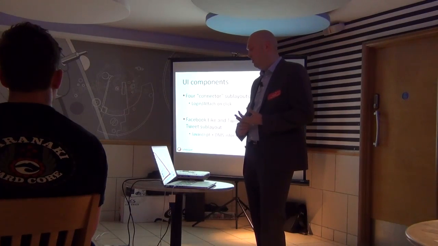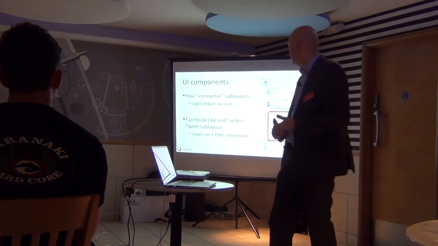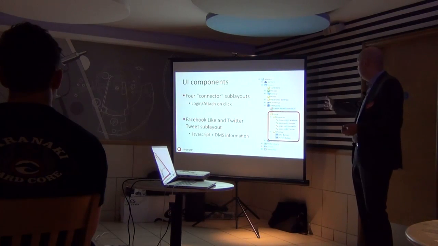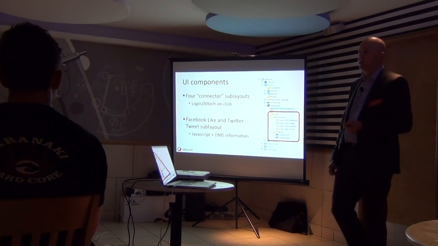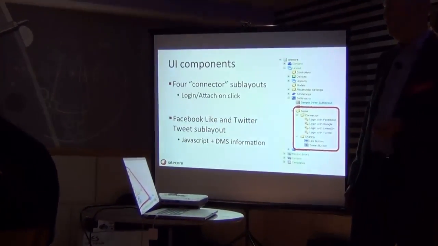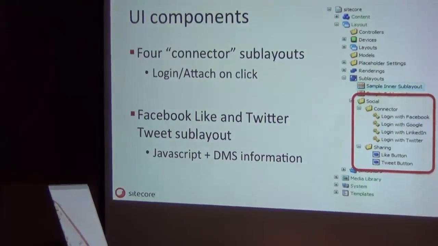So after installing Social Connected, there are six layout controls that appear in your sublayouts folder. Four of them have to do with logging in with the different networks, and two of them are a little button.